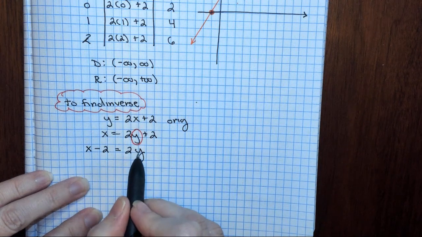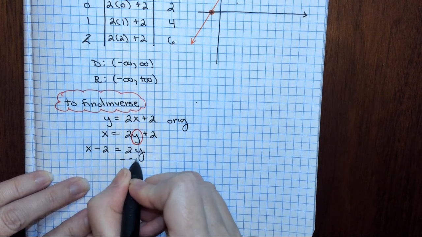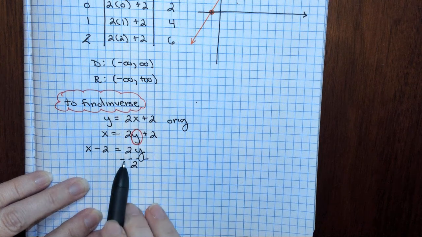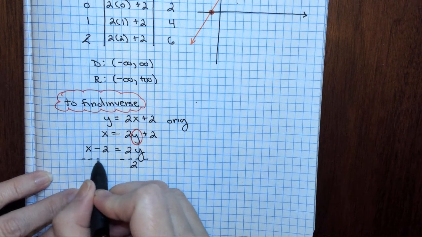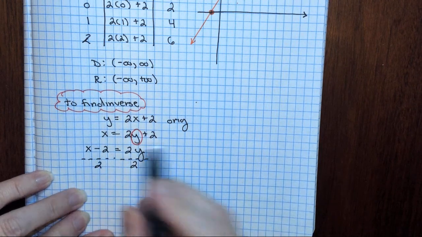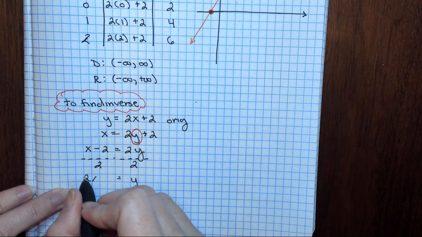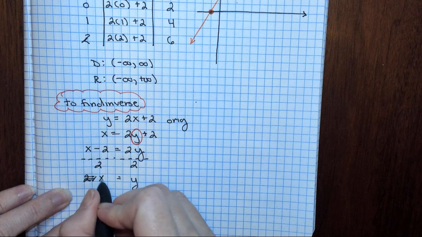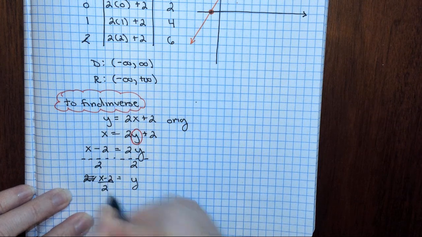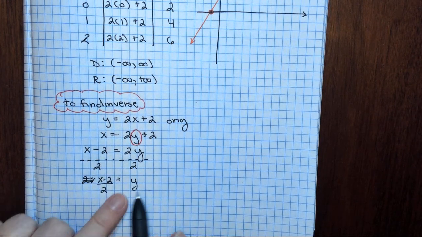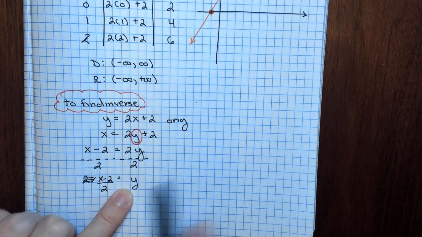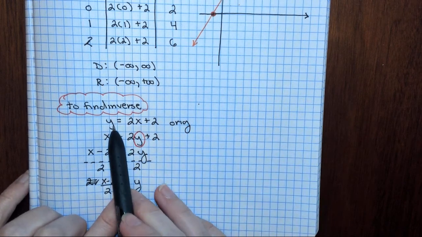To get the y by itself, I'm going to divide by 2. And I'm going to put a little dotted line under here so you remember this is a next step. I have y equals (x minus 2) over 2. Now, I can't confuse this y for the original y.